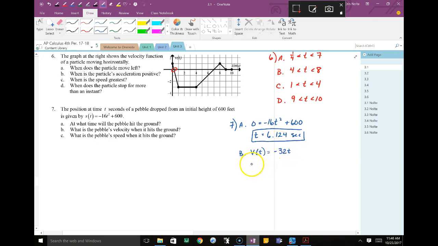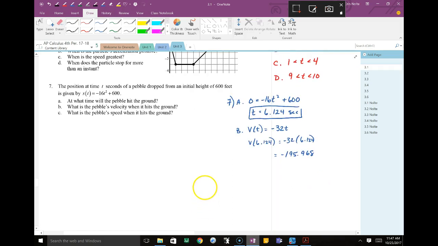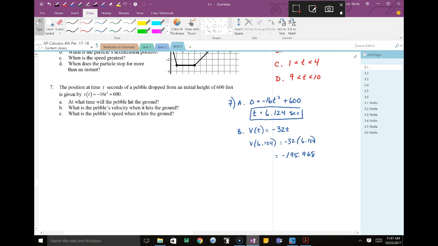So if I plug in 6.124, I have no idea what you get. Negative 195.968. Good, okay. And we should label that, what are we in again? Feet per second.